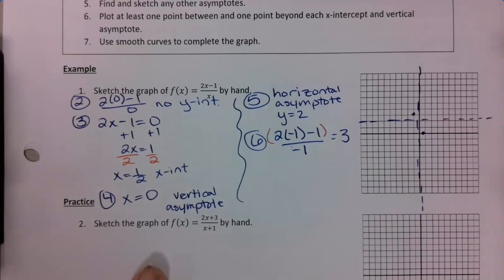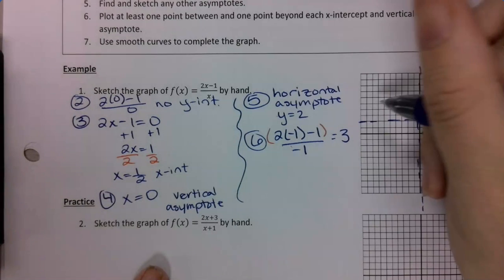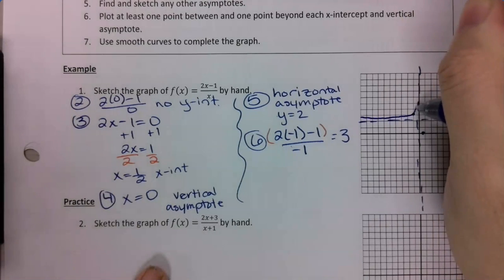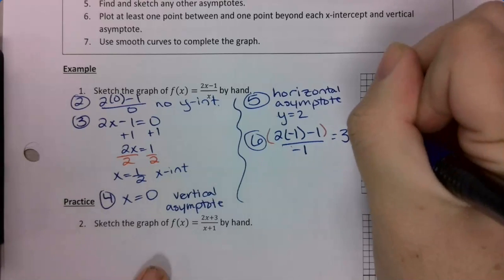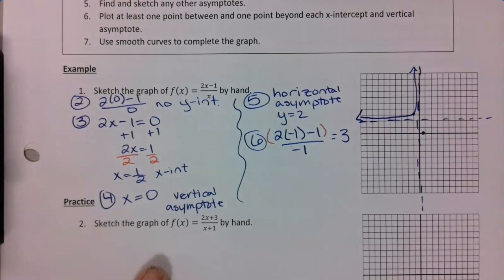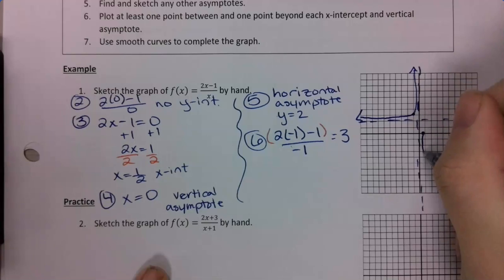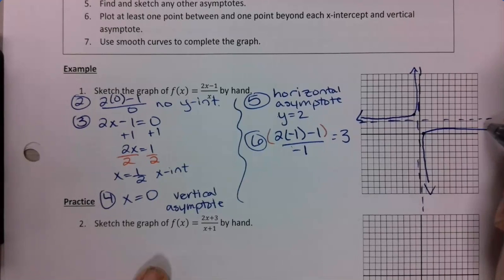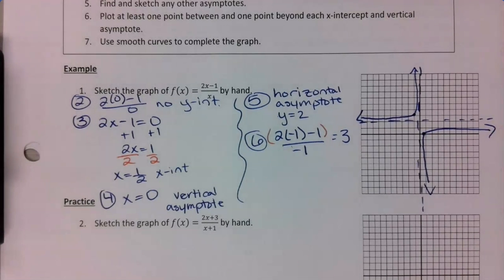I know it's going to curve around the asymptotes and not cross them, because that's the definition of asymptote. So this top one's going to look like that. And then my bottom one, or my right one's going to look like that. No, I plotted it at -1, 3. Because I plugged in -1. Okay, any other questions here?